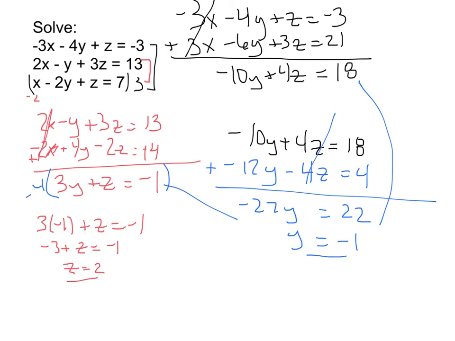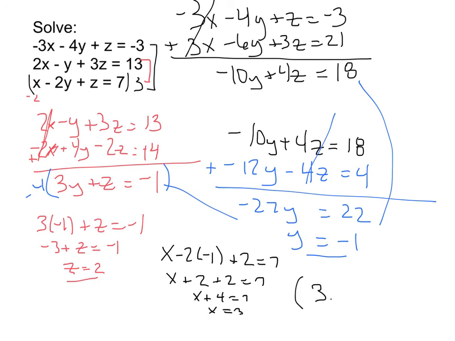I'm going to work with the bottom one because, again, the numbers are a little bit smaller to work with for the algebra. So I get x plus 2 equals 7, x plus 4 equals 7, so x equals 3.